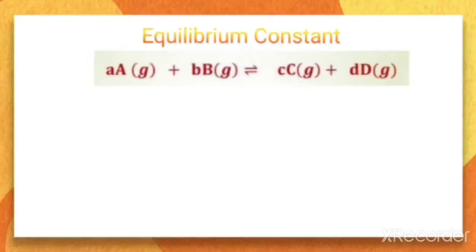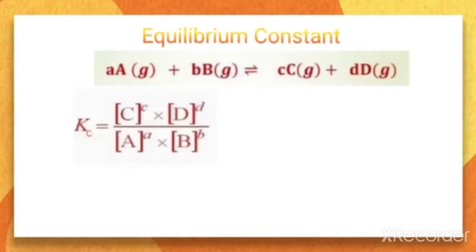So the equilibrium constant for this general equation, which we can represent by the symbol Kc, is equal to [C]^c times [D]^d divided by [A]^a times [B]^b, where the terms we are using for reactants and products are in terms of concentration.